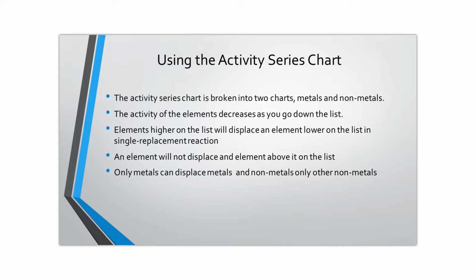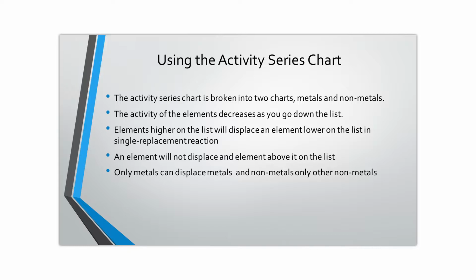So the activity series is basically broken down into two charts, the metal side and the nonmetal side. The activity of the elements decreases as you go down the list. In other words, the more active elements, or the stronger or more reactive elements, you can look at it that way, are towards the top of the list, and the less active ones are towards the bottom of the list.